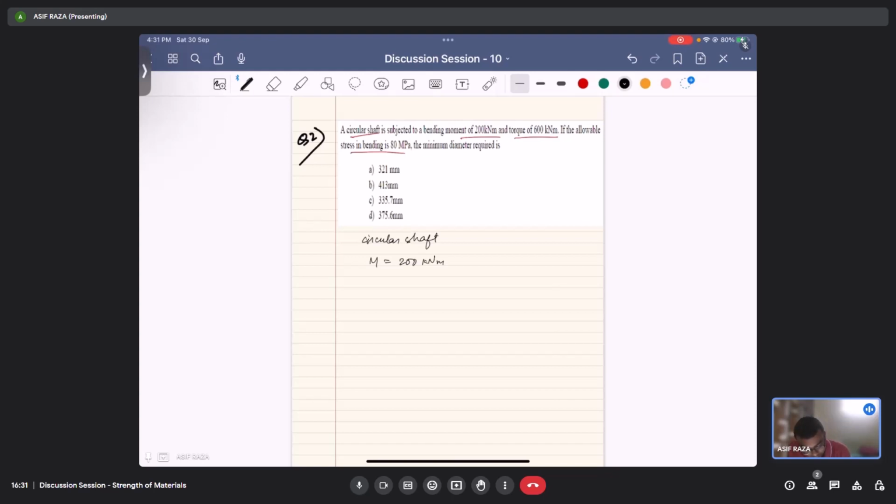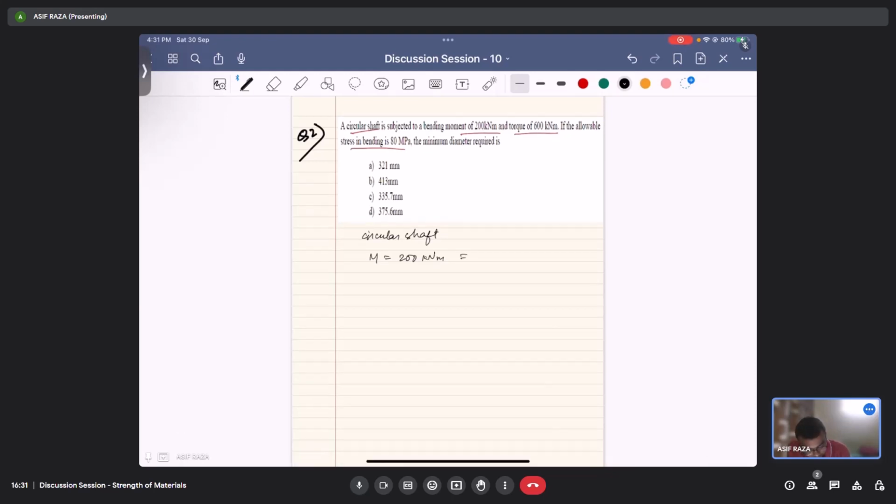So it will be equal to 200 into 10 to the power 6 Newton millimeter. Similarly, torque is given as 600 kilonewton meter.